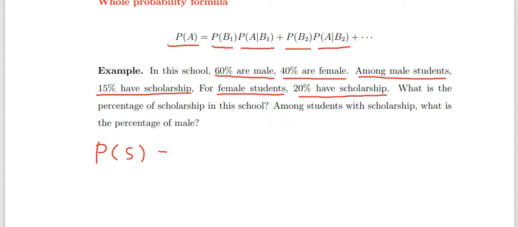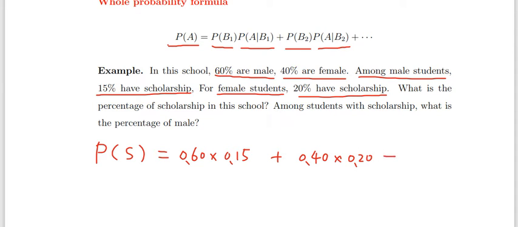So we check male students. Those people count for 60%, and for them this chance is 15%, right? For female, the percentage is 20%, right?